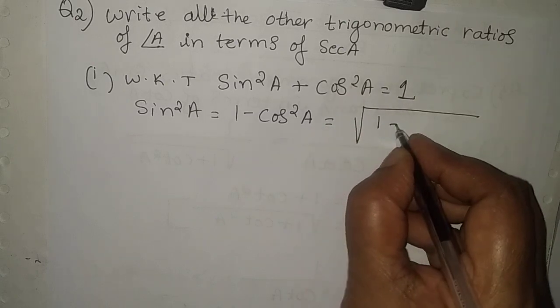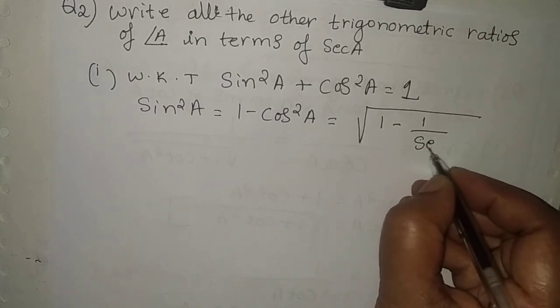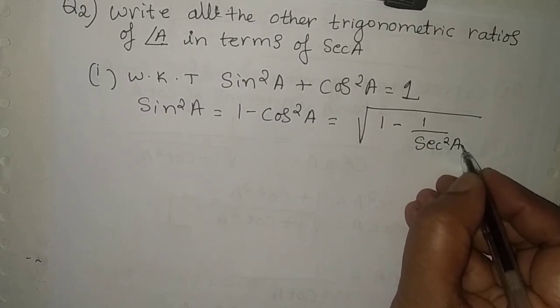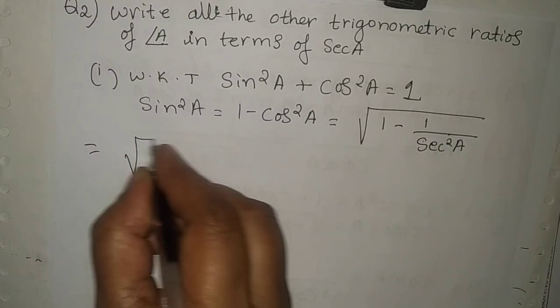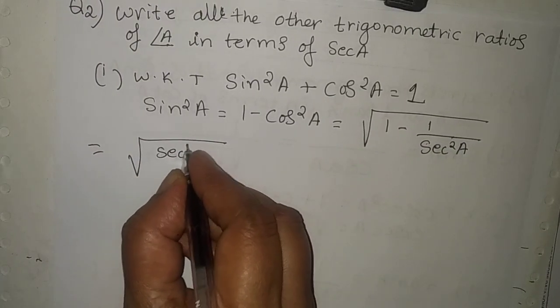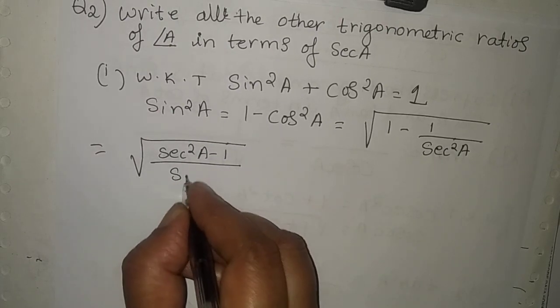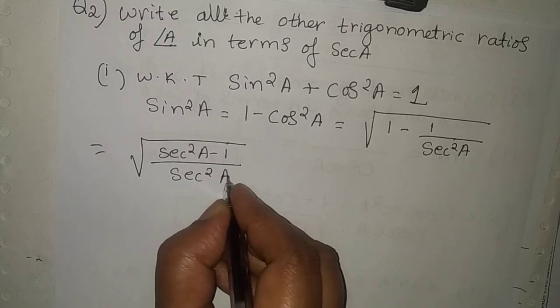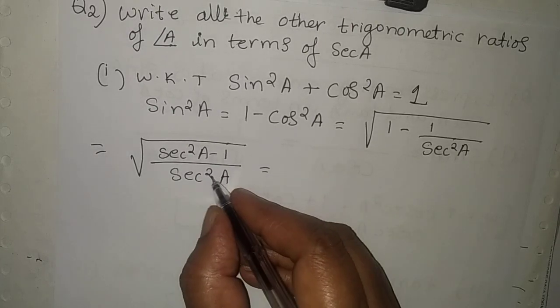So 1 minus 1 by cos square can be written as 1 minus 1 by secant square A. Then cross multiply here. Secant square A minus 1 by secant square A. Again same thing as we did in the previous problem.